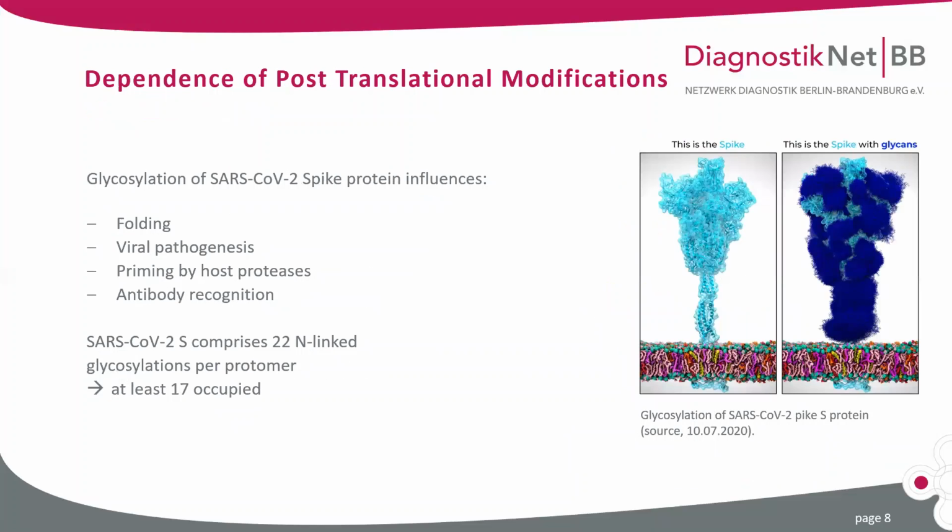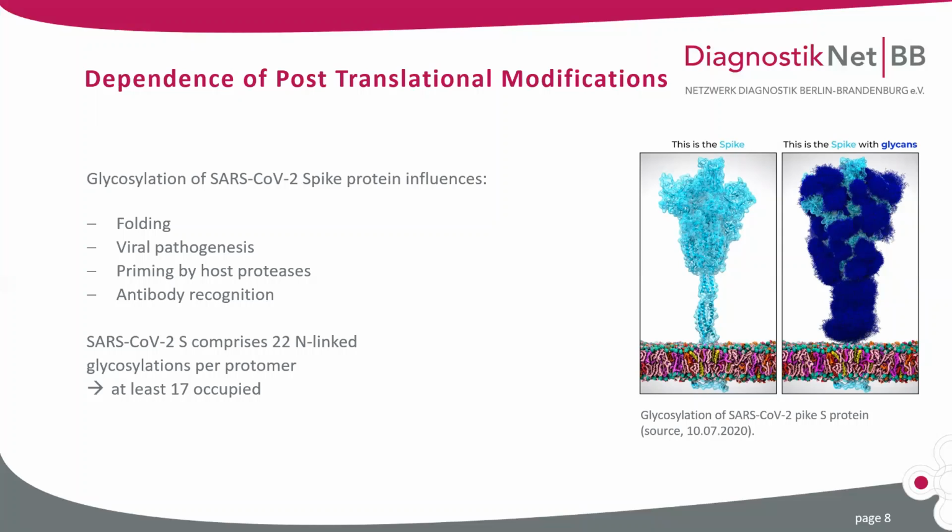And also another thing is glycosylation, here shown on the SARS-CoV-2 spike protein. You have to know that glycosylation, of course, is influencing folding, viral pathogenesis, priming of the host proteases, and also the antibody recognition. There are 22 glycosylation sites per polymer, and at least 17 of them are usually occupied.